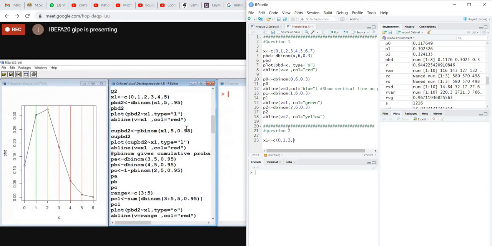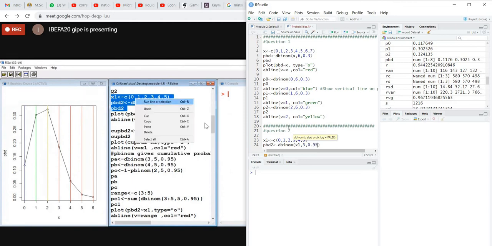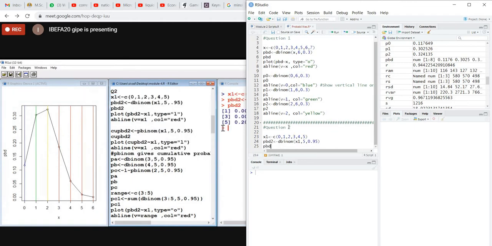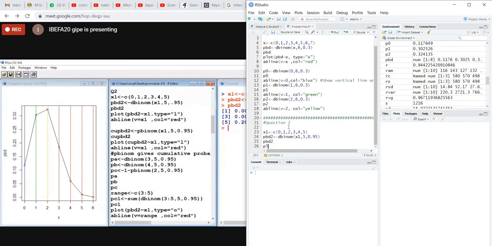The probability distribution of the second question will be dbinom(x1, 5, 0.95). I got the individual probabilities now.